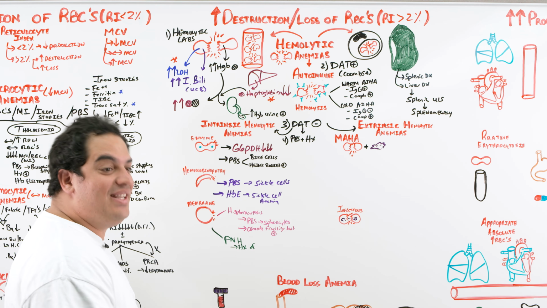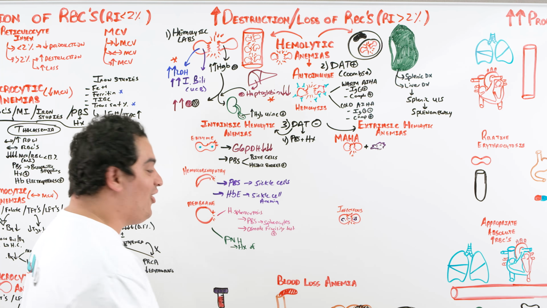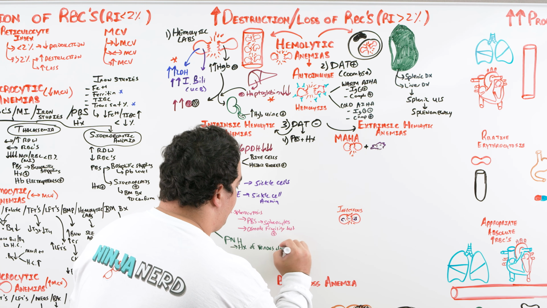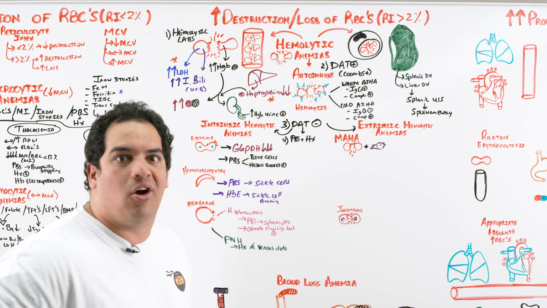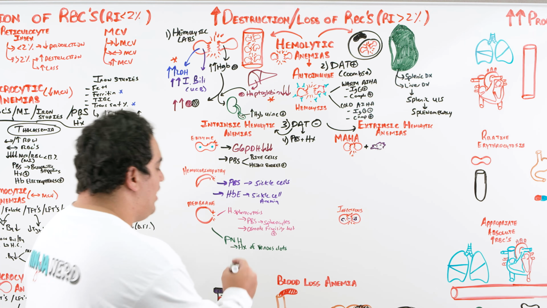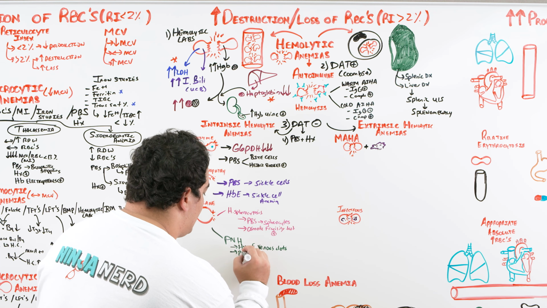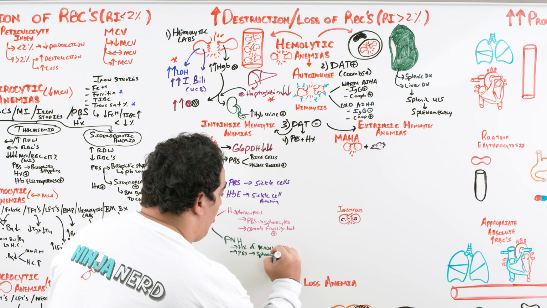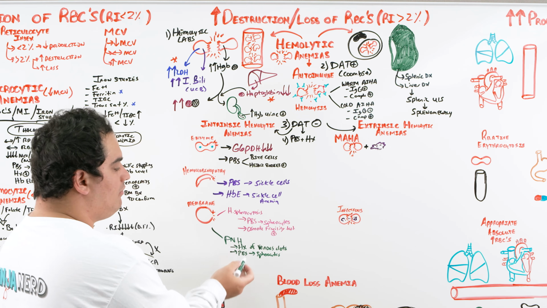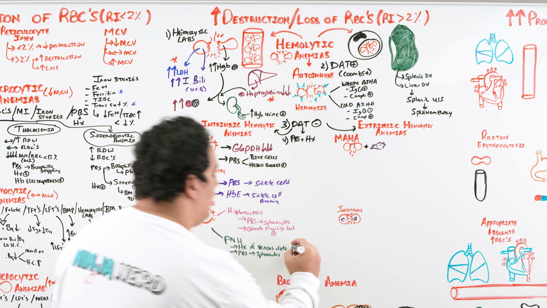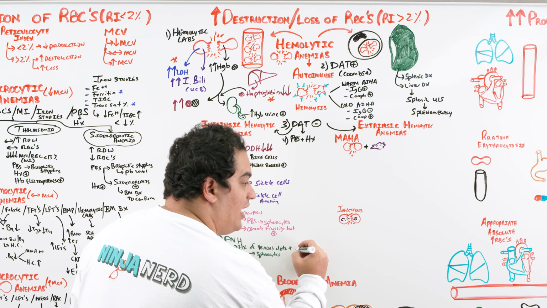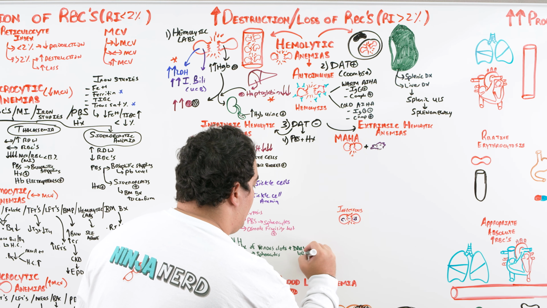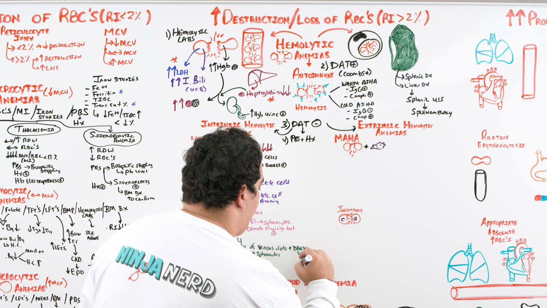So maybe they had DVTs and PEs or Budd-Chiari syndrome. So look for a history of venous types of clots, especially Budd-Chiari syndrome or something like that. Then again, look at your peripheral blood smear. On the peripheral blood smear, they will have spherocytes. But one of the key things here is not only will you have a history of venous clots, but they'll wake up in the morning with dark urine in the AM, okay?